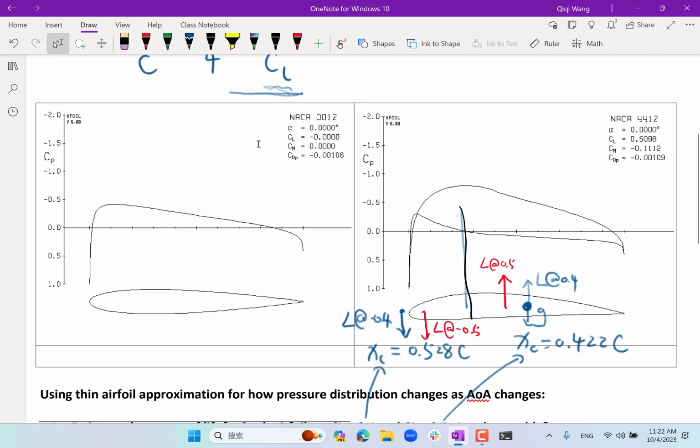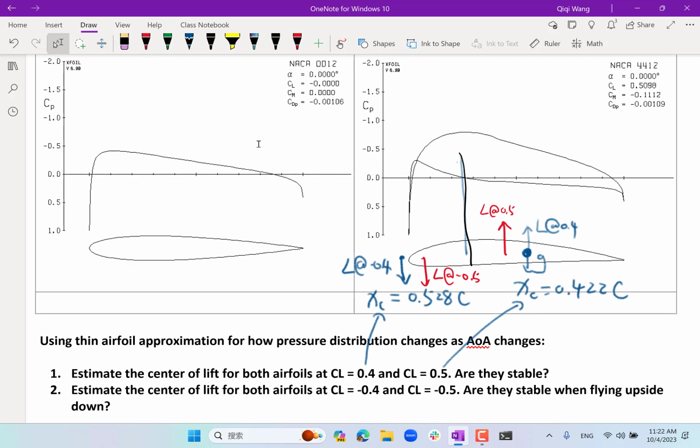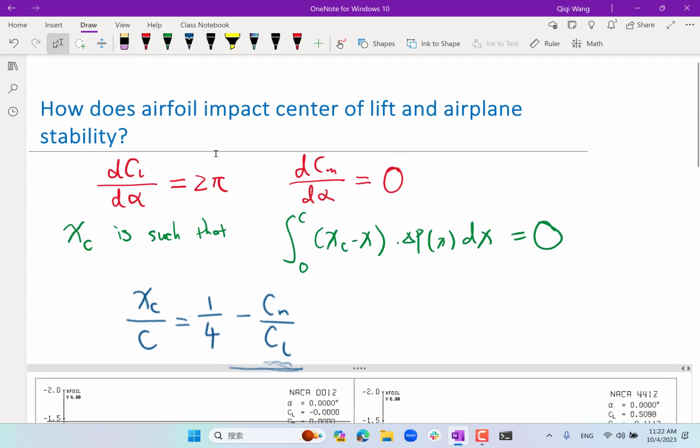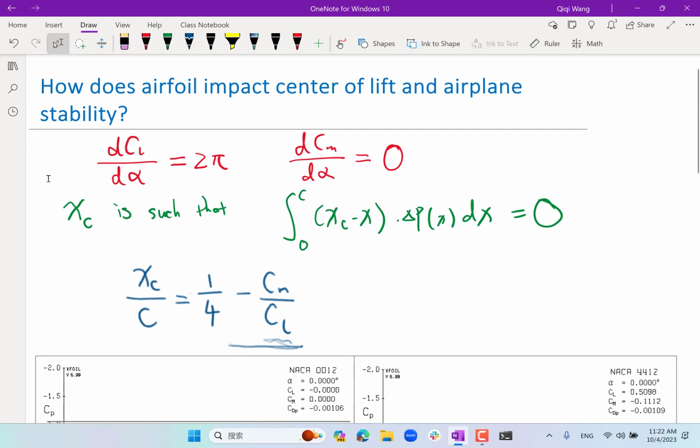So basically, flying upside down, the airplane would be stable. All right. Okay. Or in other words, as I increase the angle of attack, if the lift actually shifts downstream, the airplane is going to be stable. Right. So this is some analyzing the stability of airplanes using thin airfoil theory approximations.